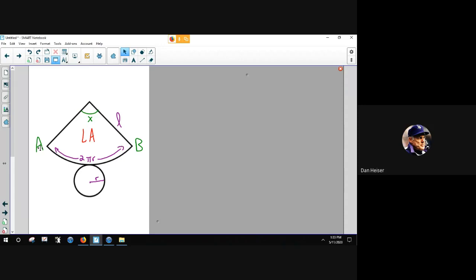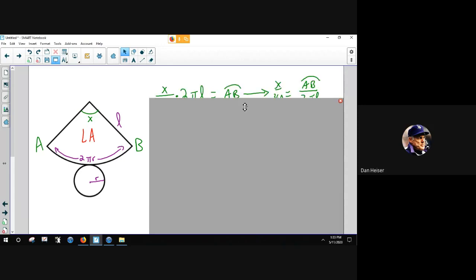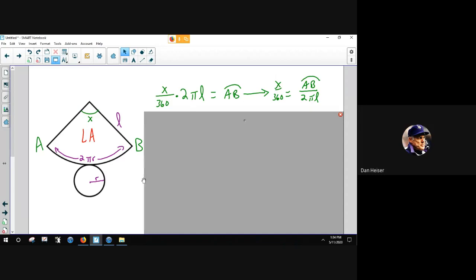So here we go. I know that the arc length of AB, we're going to ignore this part for a moment. So let me just slide this. We'll just focus on this part here. We know what this area is. It's pi r squared. We're trying to find this area.